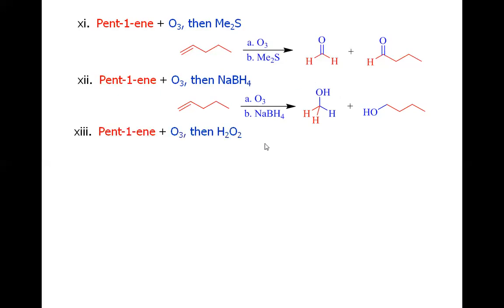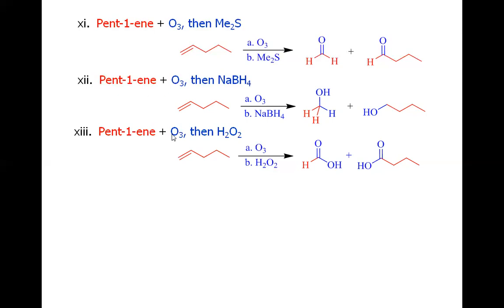And again, if you have grasped the concept of what sodium borohydride did, this time rather than reducing, we have the oxidizing agent called hydrogen peroxide. So we will not have methyl alcohol or butanol, rather we will have methanoic acid and butanoic acid. So these are the reduced versions, and these are the oxidized versions of these products.